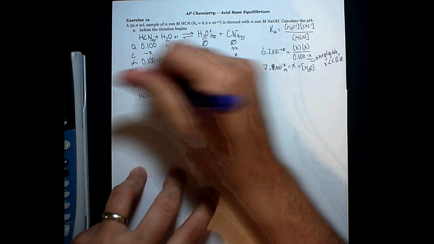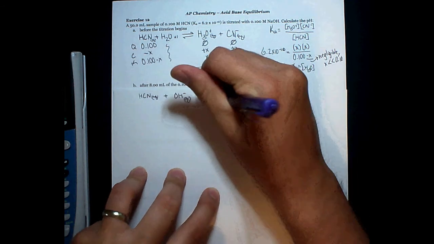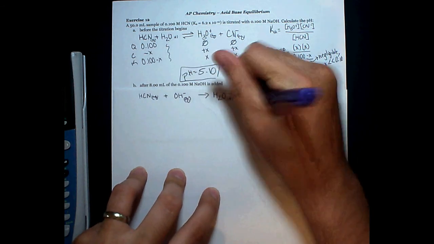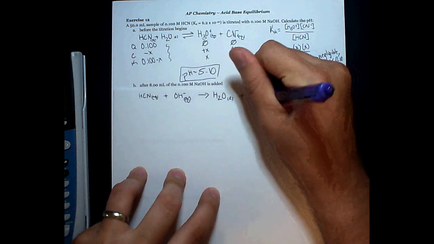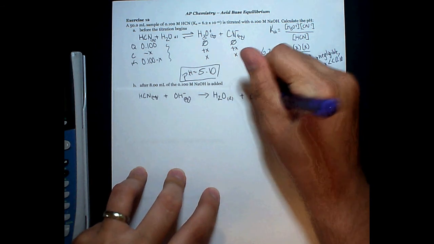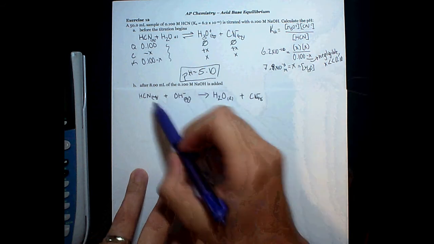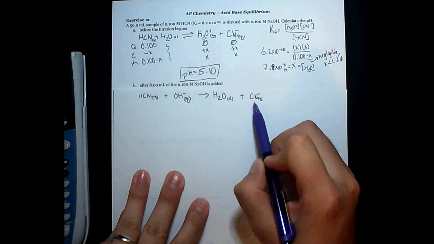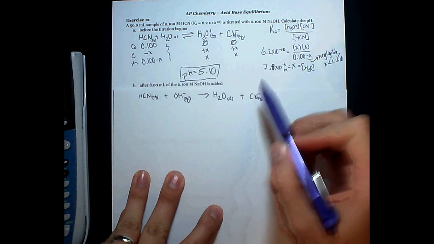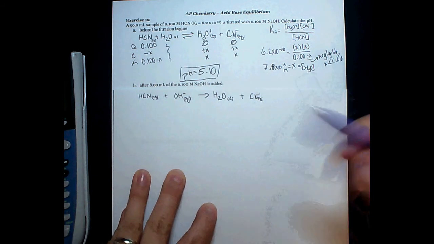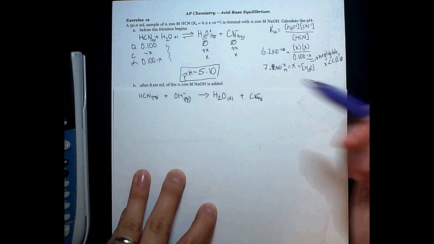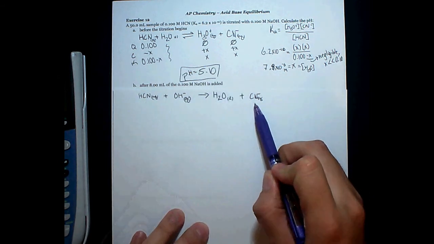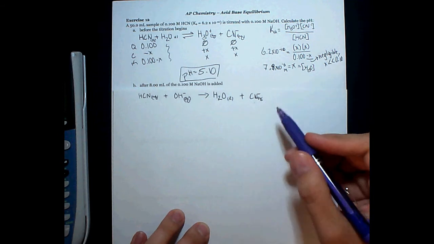So the hydroxide combines with the hydrogen to form water, which is a liquid, plus CN minus, which is aqueous. So this is our weak acid, and this is our conjugate base that forms when the sodium hydroxide is added. This is how it makes the buffer: it changes the acid into the conjugate base. That's how these titration equations work.